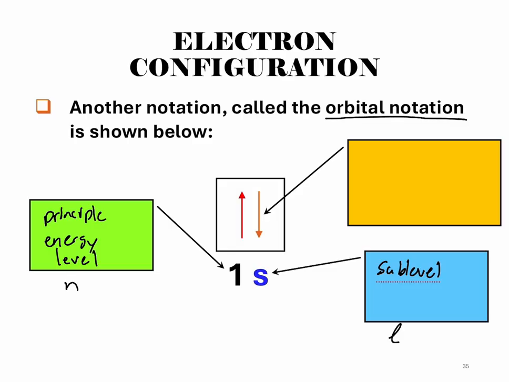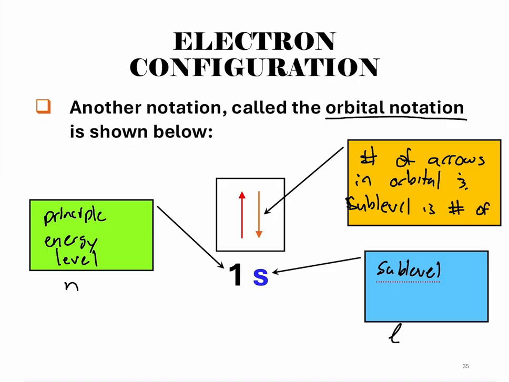And then the number of electrons in that specific sublevel is the number of arrows in the orbital and sublevel.